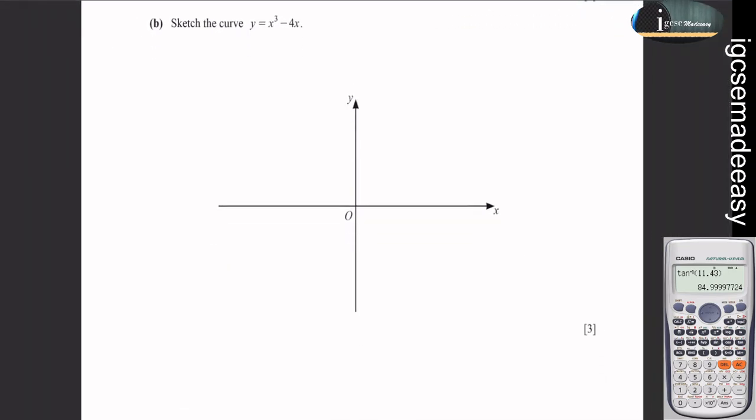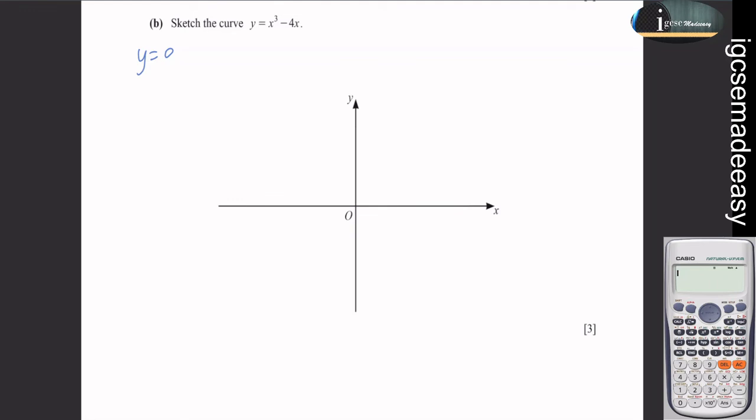We'll do part B now. Sketch the curve y equals x cube minus 4x. The function is x cube minus 4x. First of all, we will find where the curve cuts the x-axis. For that, we have to put y equals 0.